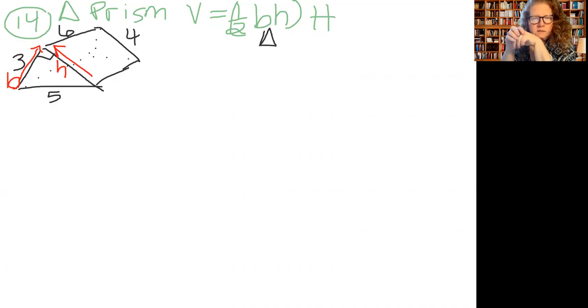Look at the direction of the H. Is there anything else that's similar to it? Is it like maybe parallel? Okay, I appreciate you guys trying. Think about our parallelograms.